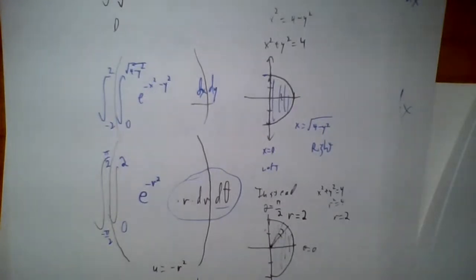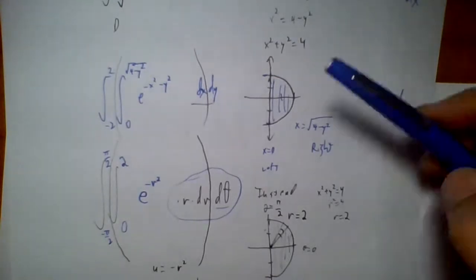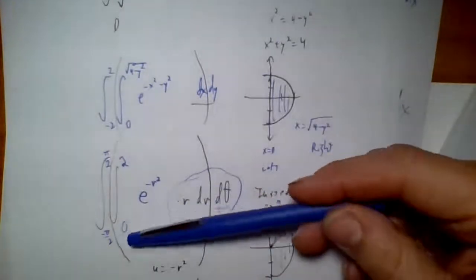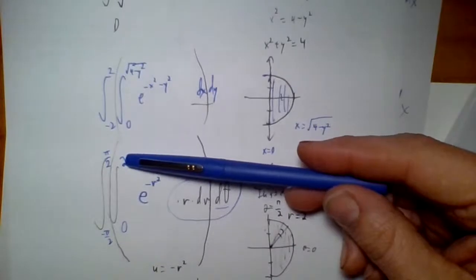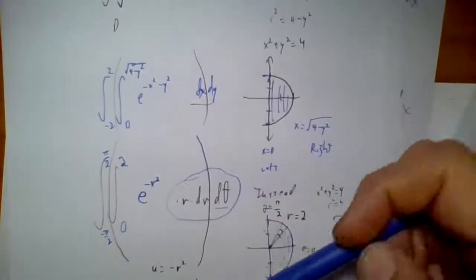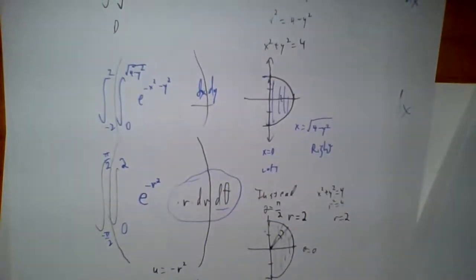Almost always with polar, because in polar you're writing r as a function of theta, and almost never the other way around, right? R is a function of theta is polar stuff. So the boundaries are usually going to be functions of theta. They might not be constants, or here they might be functions of theta, and that's going to work okay if you're doing the d theta last. So that's typical for how these things go.